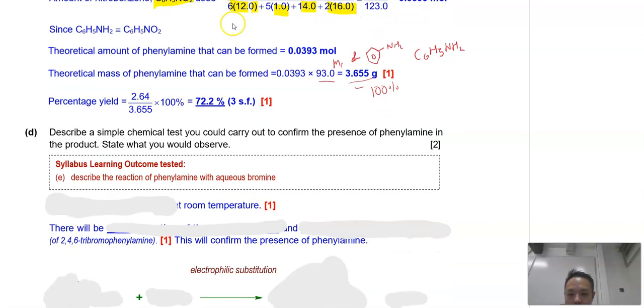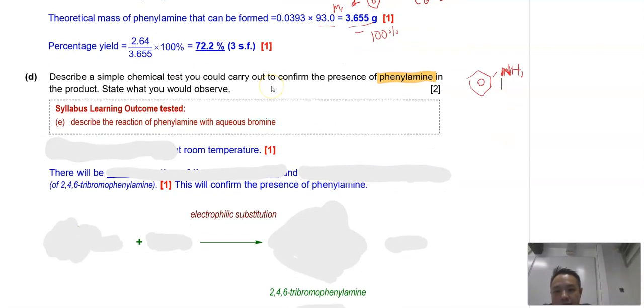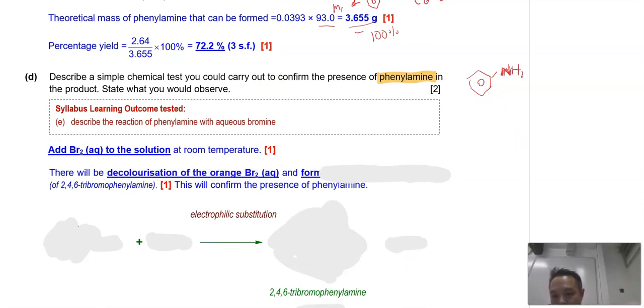Okay, moving on to D. How will we confirm the presence of phenylamine? So one classic phenylamine test is to make use of aqueous bromine at room temperature. Alright, so what happens is the decolorization of the orange aqueous bromine and the formation of a white precipitate of 2,4,6-tribromophenylamine.